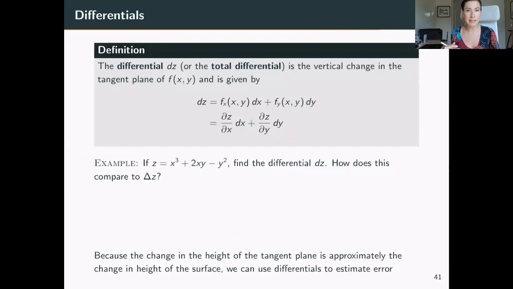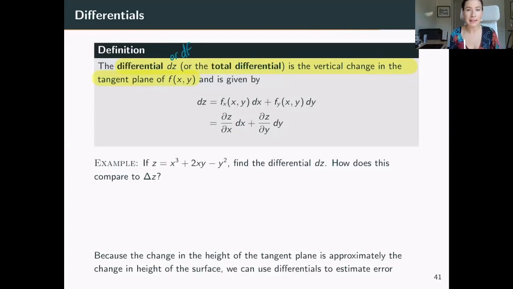We define the differential dz as the vertical change in the tangent plane. So just like dy was the vertical change in the tangent line, dz, or you could also call it df, is going to be the vertical change in the tangent plane.